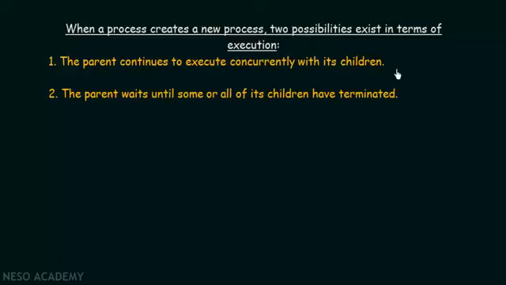That is what it means. Otherwise, the next possibility is that the parent waits for its children processes to complete some of their execution, and once the children have terminated, the parent will resume its execution.